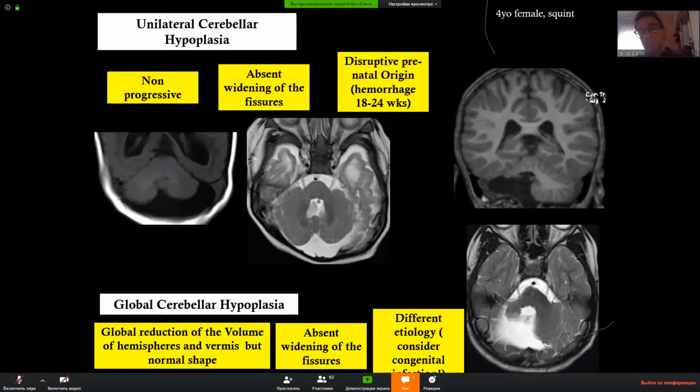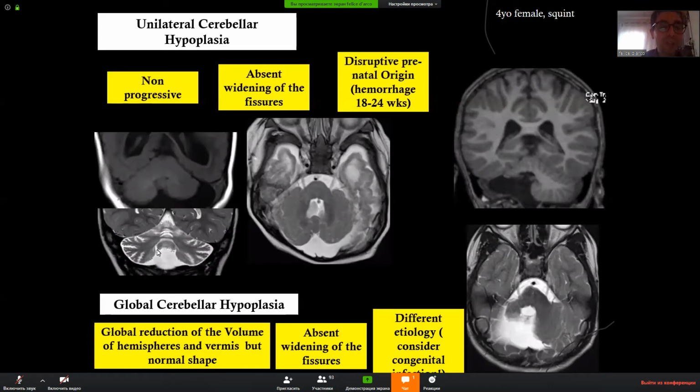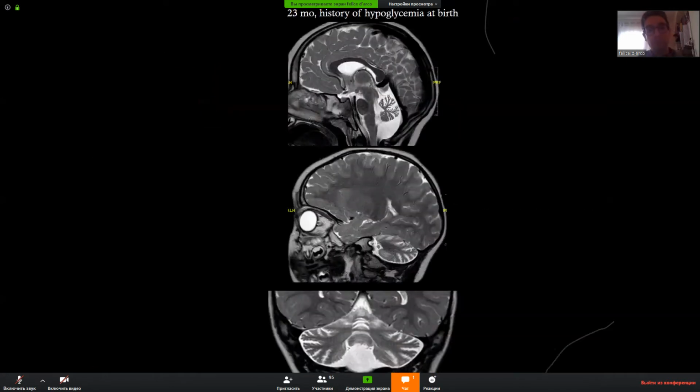In this case, consider congenital infection or sometimes a neurogenetic disorder. And this is how atrophy looks, and you can see the difference. Another thing they say in the book is that to call something atrophy it needs to be progressive. However, keep in mind that some cerebellar atrophies are not progressive.